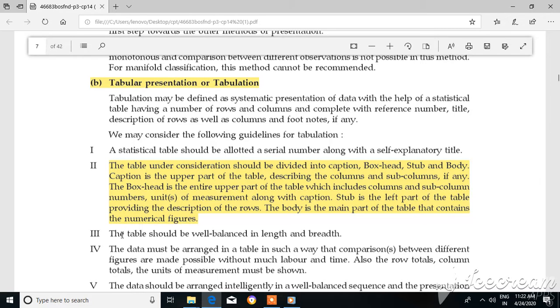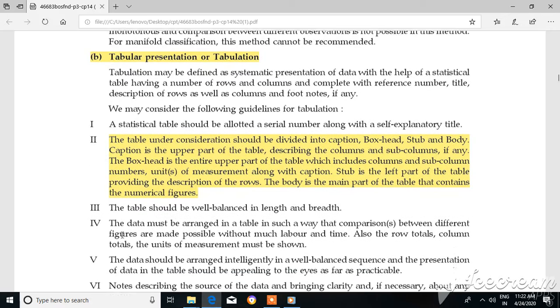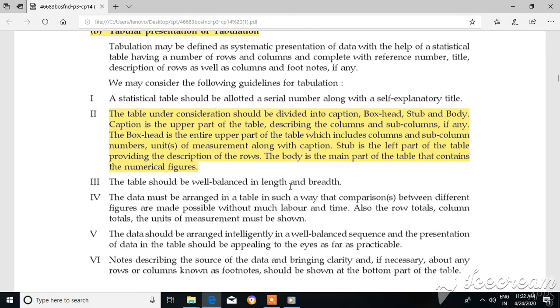Now, the third requirement is that the table should be well balanced in length and breadth. So, if I am considering data of, let us say, 20 students, I have to write roll numbers 1 to 20 serially, and if it consists of 5 columns, then this is a well balanced table in length and breadth.